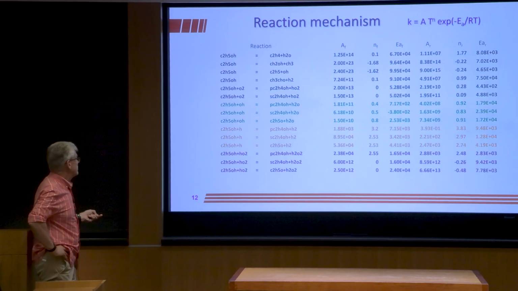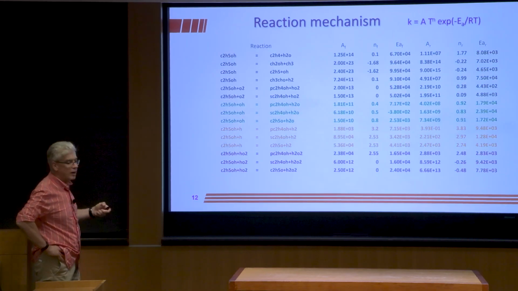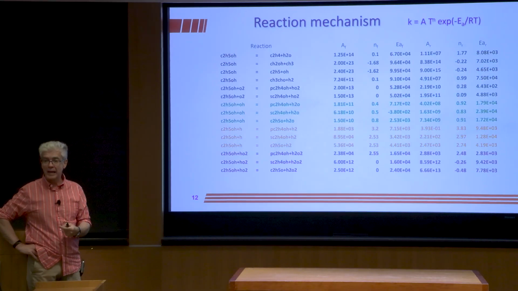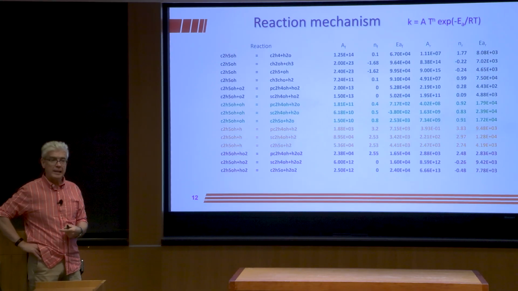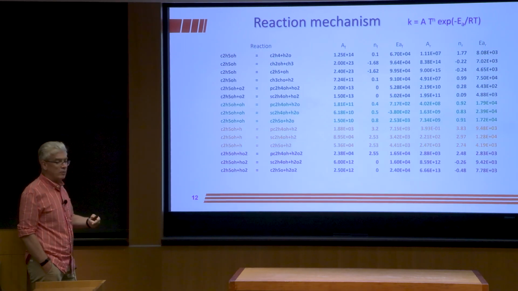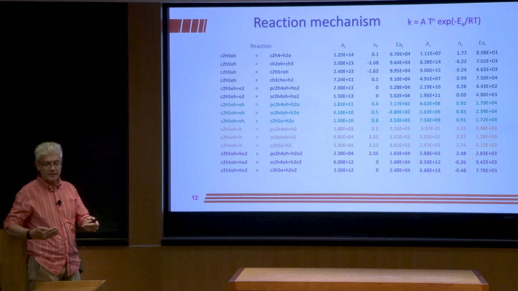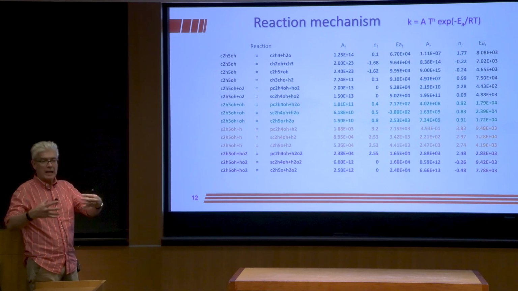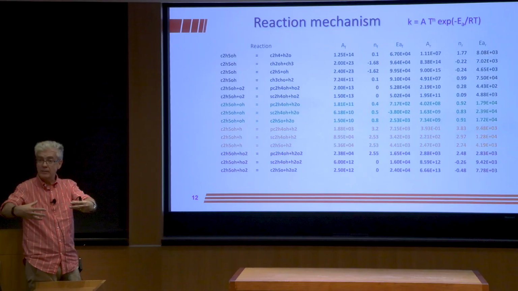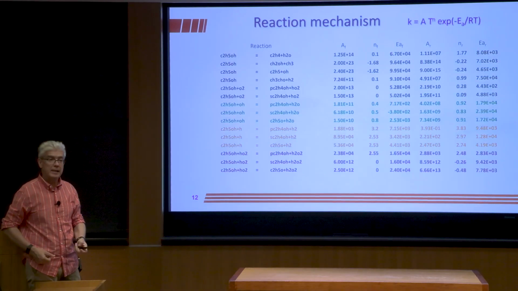I was using this as an example of how we start to put a mechanism together. And then once we have all of the fuel molecules and the radicals accounted for, we put that on top of our hydrogen, CO, C1 chemistry.